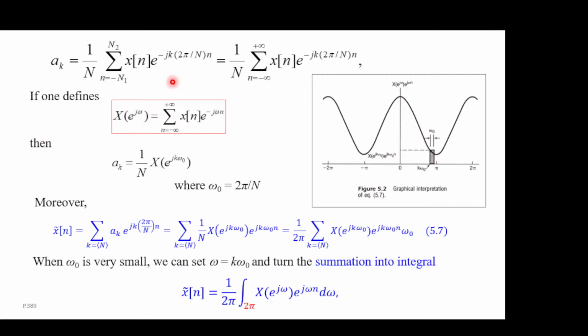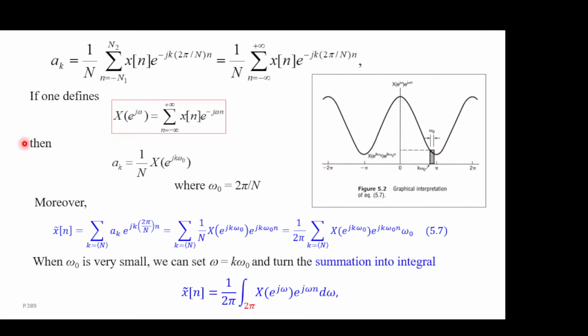But anyway, what do we mean by a_k is a sample of this? a_k is just, well, there's a 1 over N, so you divide by N, and big X, and you choose your omega as k omega naught. So you see that all the things are just the same. This 1 over N will cover this 1 over N, and you change omega to k omega naught, where omega naught is just your 2 pi over the period, as always.